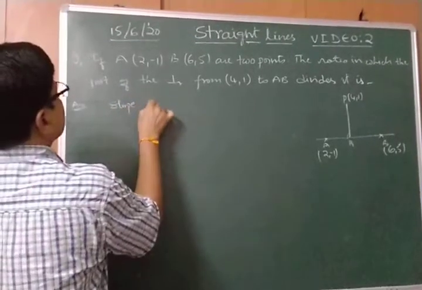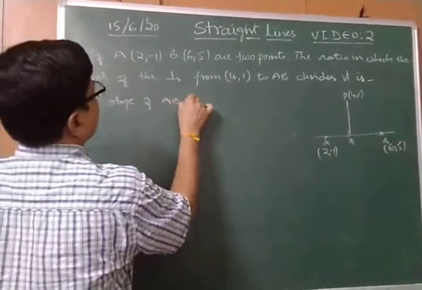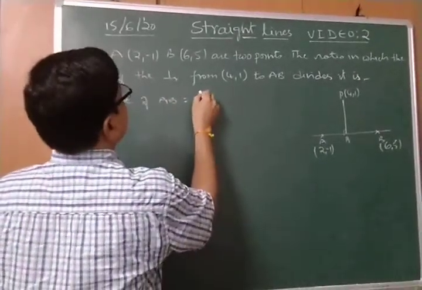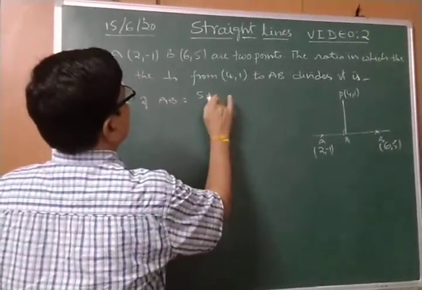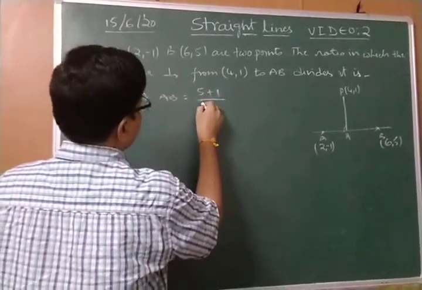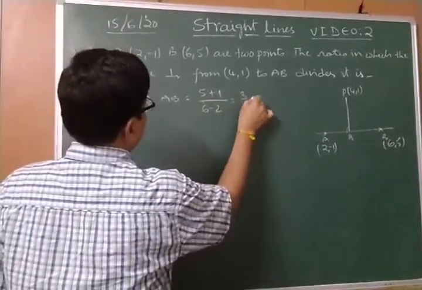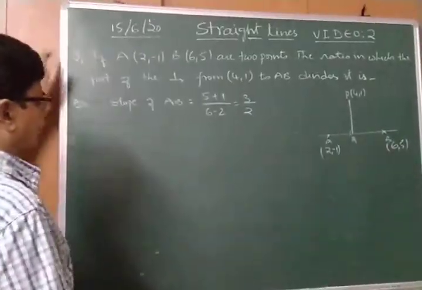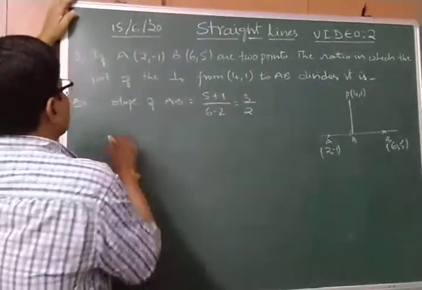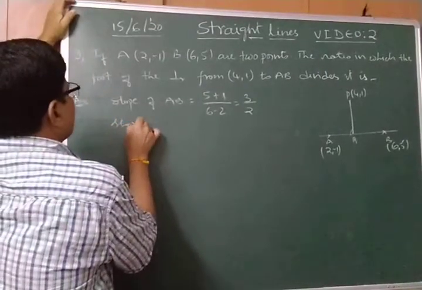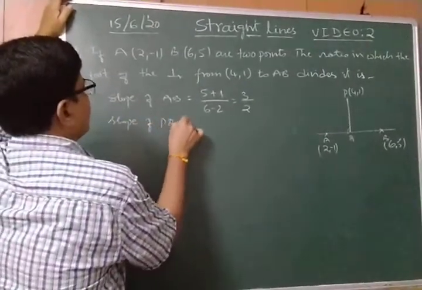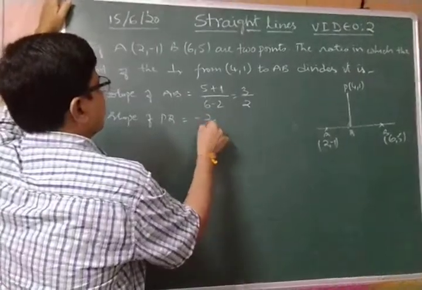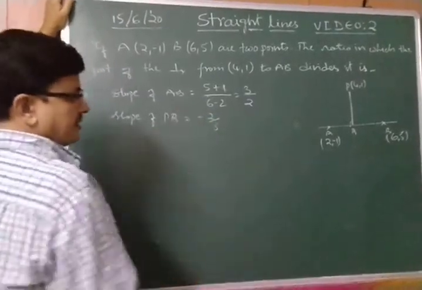Slope of AB is equal to (y2 minus y1) by (x2 minus x1), that is (5 plus 1) by (6 minus 2), 6 by 4, that is 3 by 2. That is the slope of AB. Slope of PQ is equal to minus 2 by 3, since PQ is perpendicular to AB.